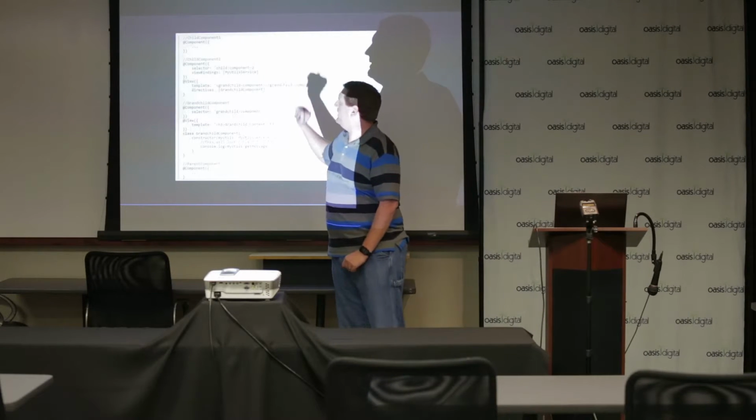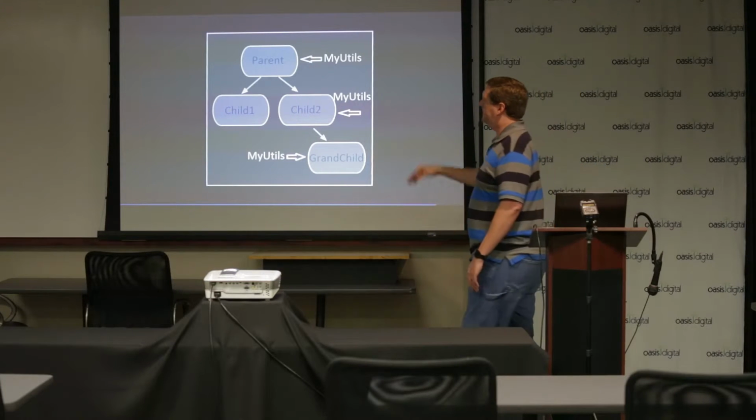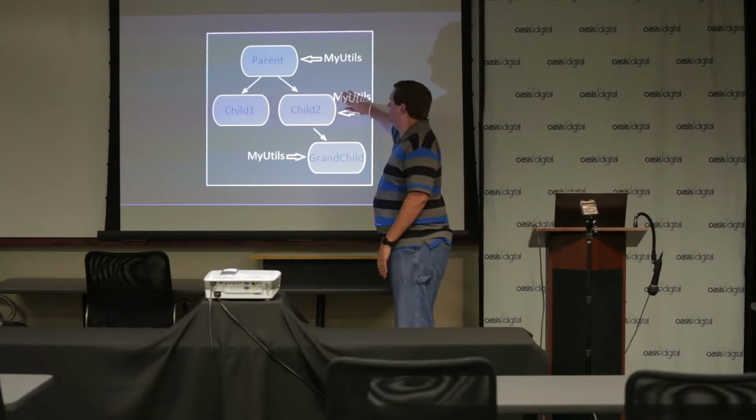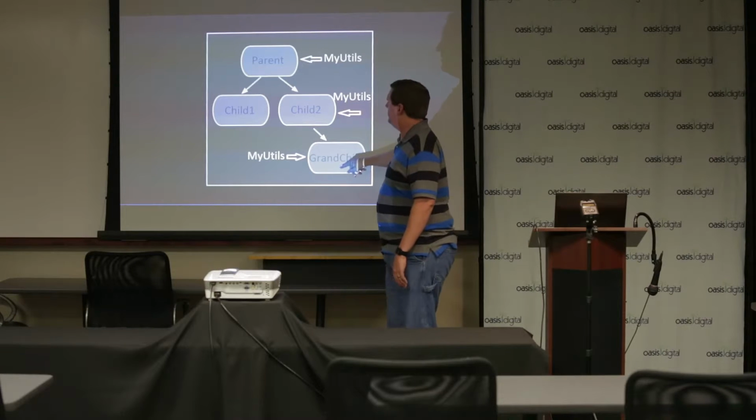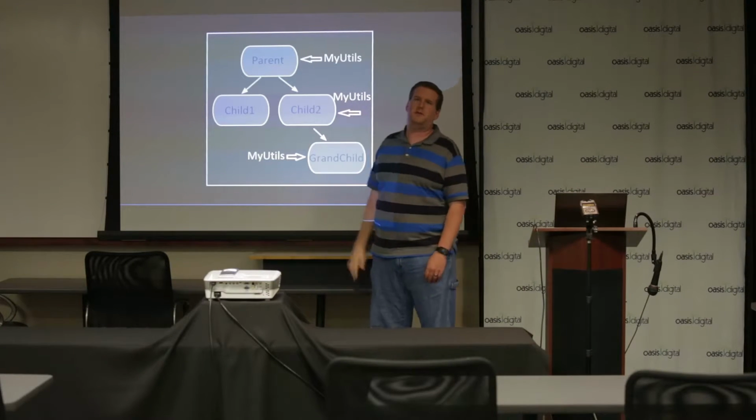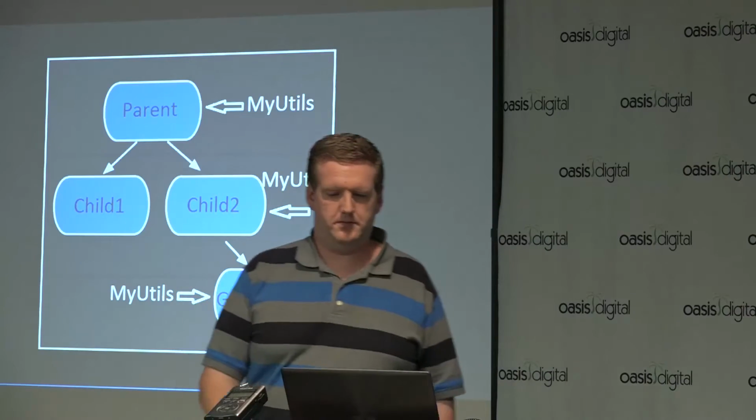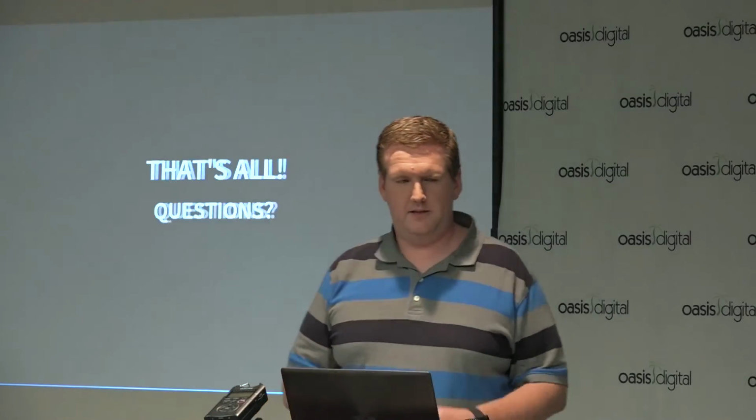Because we specified view bindings on child 2, that not only overrode what was in the parent, but also removed it from the view of grandchild, who requested it and found its copy on parent. So that is all I have.